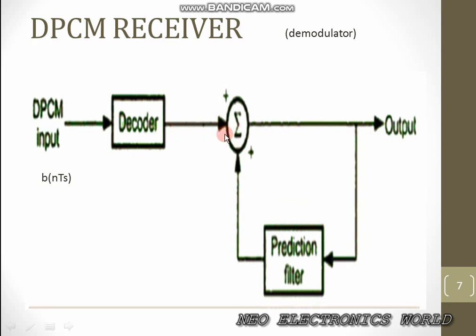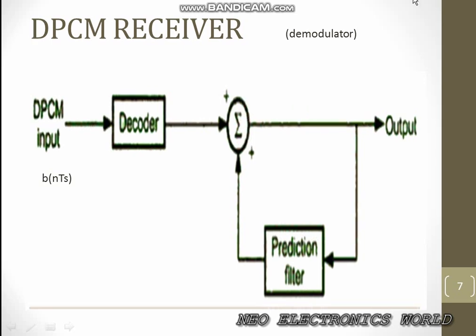This is getting decoded and discretized, and then these samples are used to pass through the prediction filter. So the DPCM receiver circuit is very easy. It only has a decoder, comparator and prediction filter, and there will be an LPF also here.